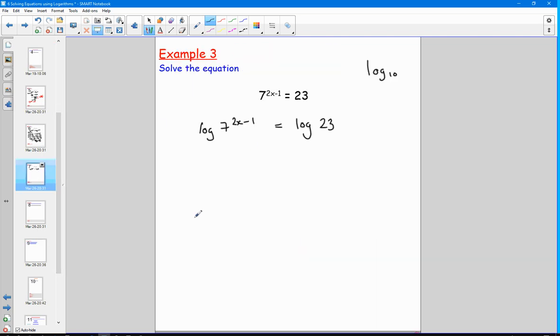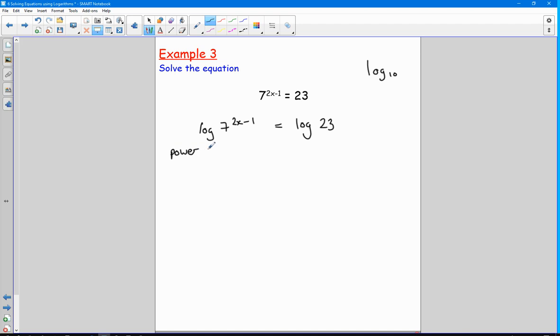So if we carry on with this one, I'm going to use the power rule again. So I've got 2x take 1 times the log of 7 is equal to the log of 23.